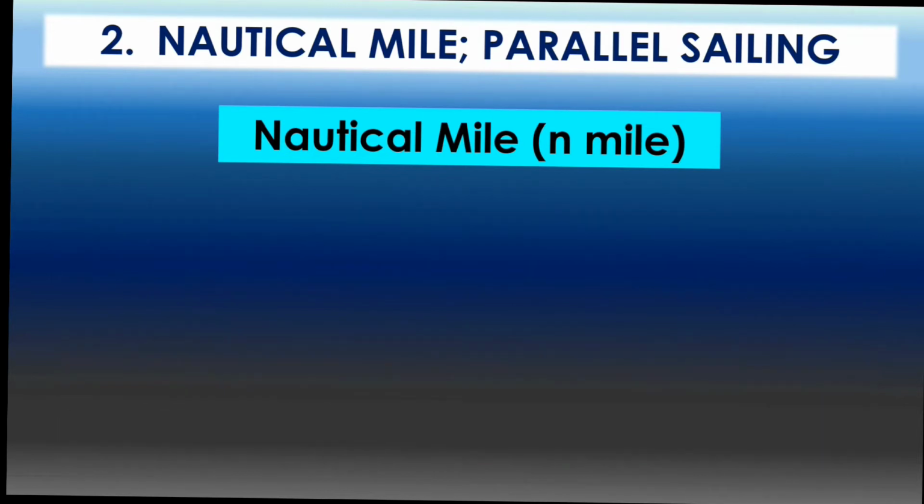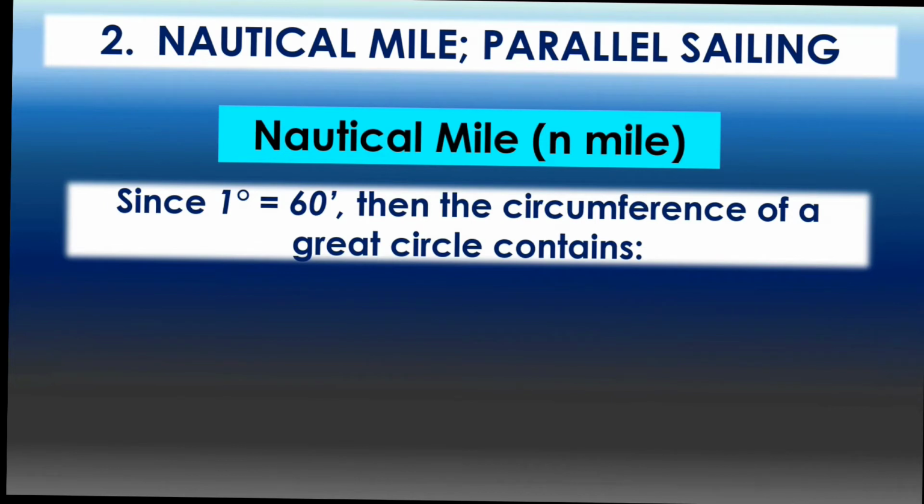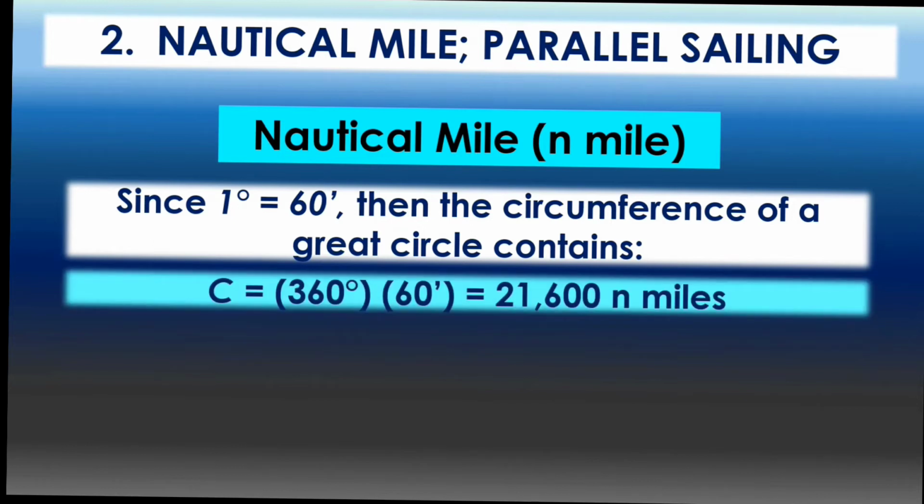Next, since 1 degree is equal to 60 minutes, then the circumference of a great circle contains, so C, that is the symbol for the circumference, equals 360 degrees, because a full revolution of the circle is 360 degrees.